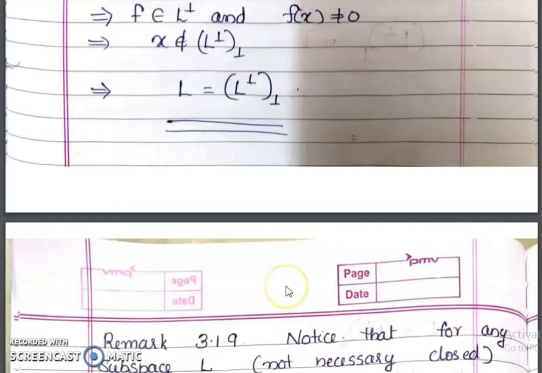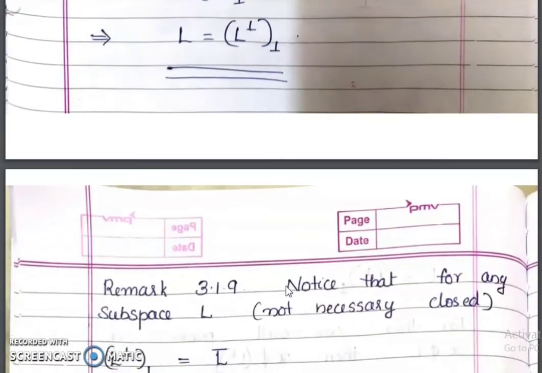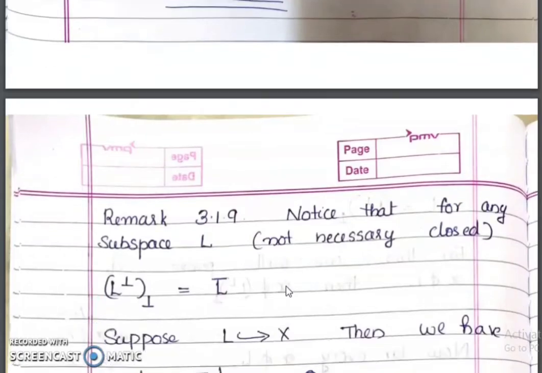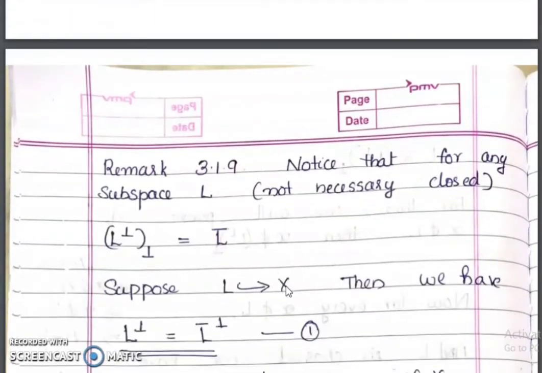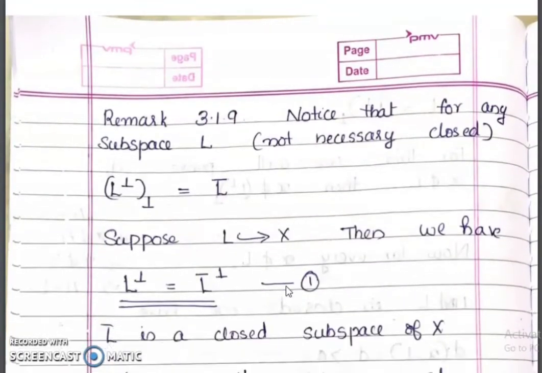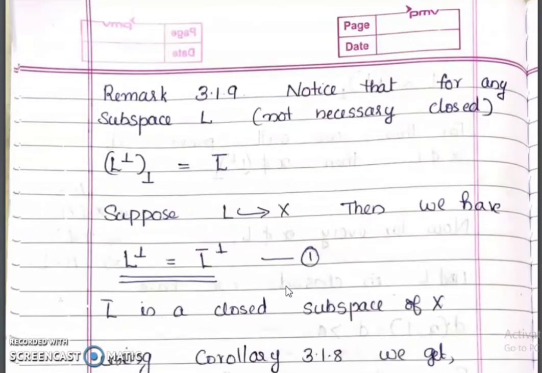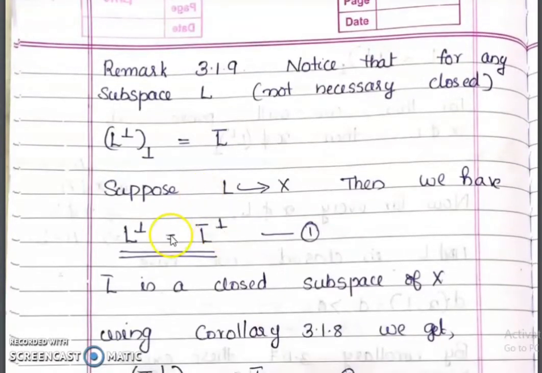Now we are going to another remark, and the remark says that for any subspace L, not necessarily closed, L perp is equal to L closure. That is very easy to prove. We know that L perp is equal to L closure perp, since L closure is a closed subspace. Just apply the previous result.